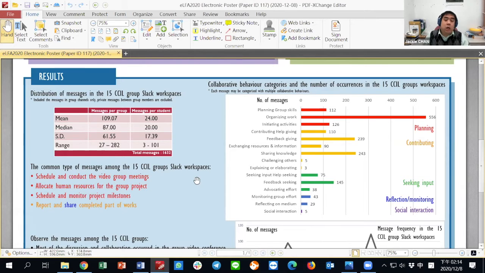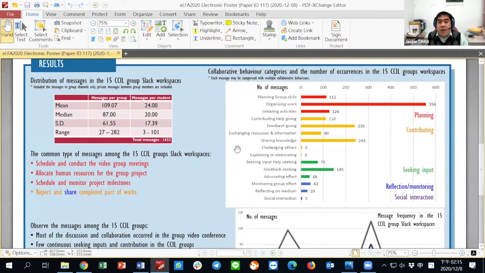After that, we tried to analyze all the messages on the platform. As you can see from the right-hand side, we used coding schemes to code all the messages. The behavioral categories are planning, contributing, seeking input, reflecting or monitoring, and lastly social interaction among them.